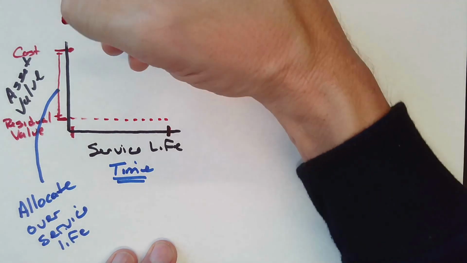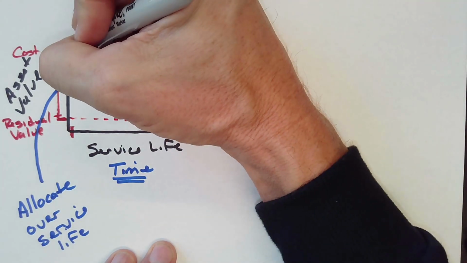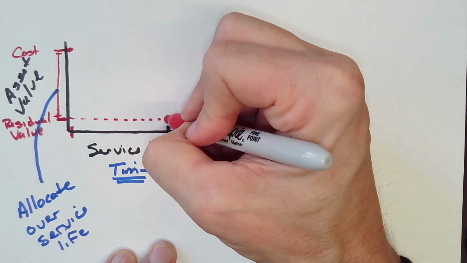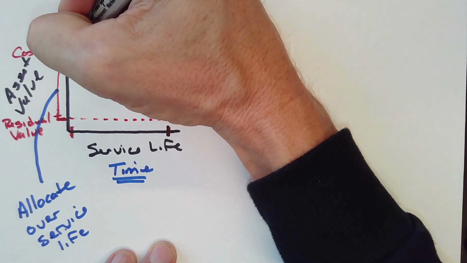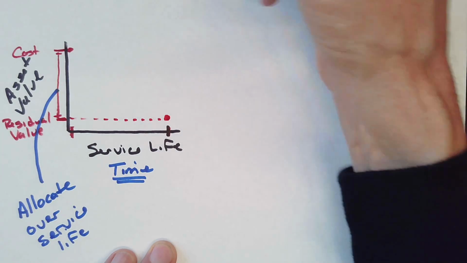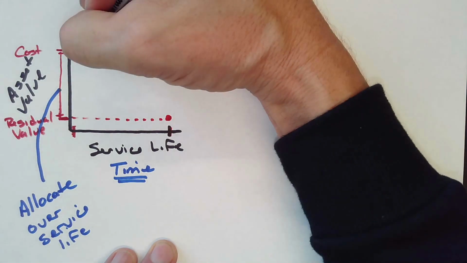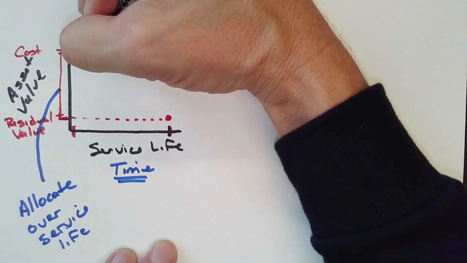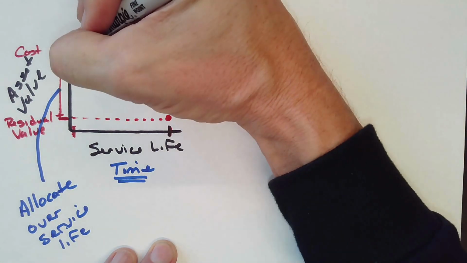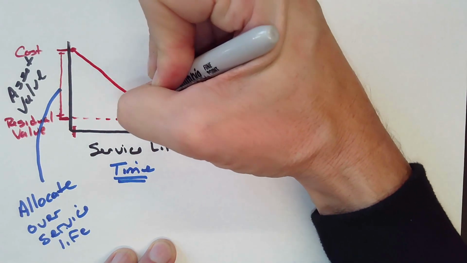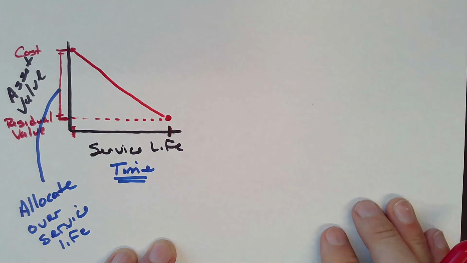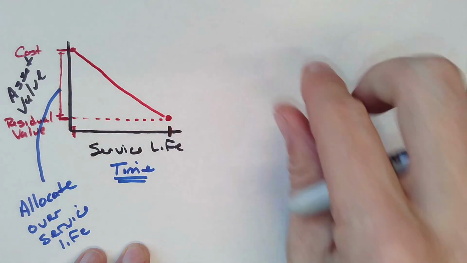So the model looks like this. At the end of the service life, it's going to be here. At the beginning of the service life, it's here. And this model, I'm going to try and draw a straight line freehand. This model is going to look like that. That's a pretty good straight line that I just drew there.